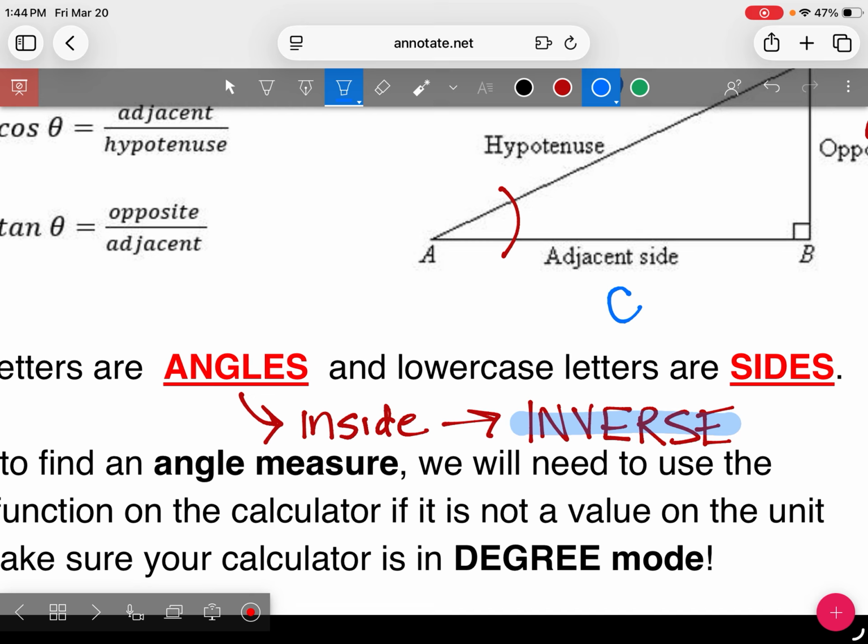So when you look at your calculator, above sine, cosine, and tangent, you should see the exact same ratios with a little -1 next to it. Does everybody see that? That's your inverse. So if you're trying to find an angle, you have to hit the green button first and then the ratio. So if I'm trying to find the inverse tangent, I have to hit the green button first and then tangent. And then the calculator will get a little -1 next to it. All right, so I think that's all we got.